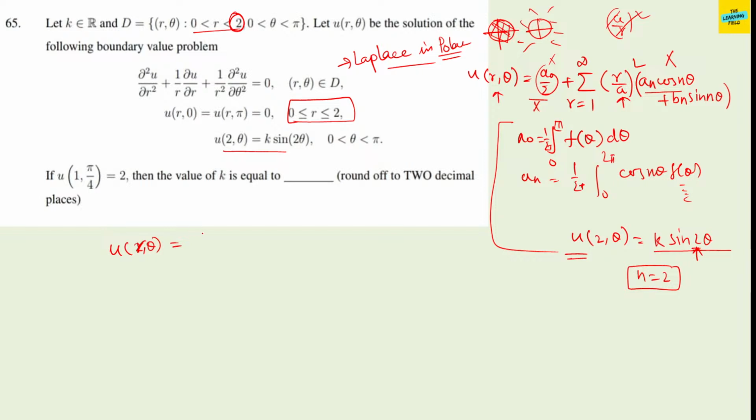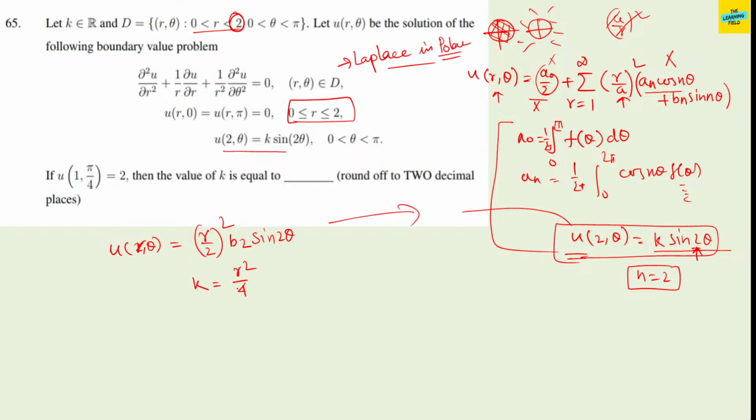So only (r by 2) whole square times b2 sin 2 theta. Now if we compare these two things, what is the value of k? So k equal to r square by 4.